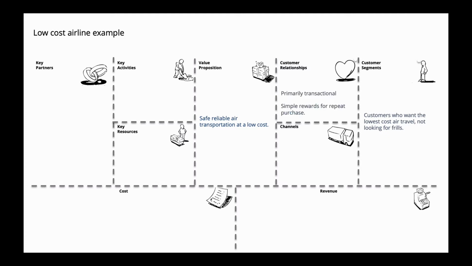It's safe, reliable, low cost, and that's what's so important here. They also offer simple rewards for repeat purchases, right? So they have a rewards program. If you think of Southwest, they have a rewards program, but it's a simple, well-understood rewards program. Not lots of frills, and there's not a lot of bumping up to first class because they don't have a lot of first class to bump you up to.